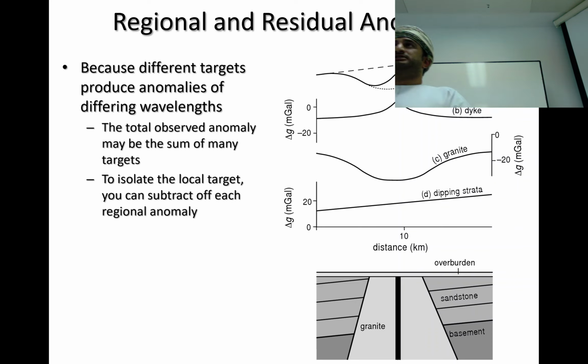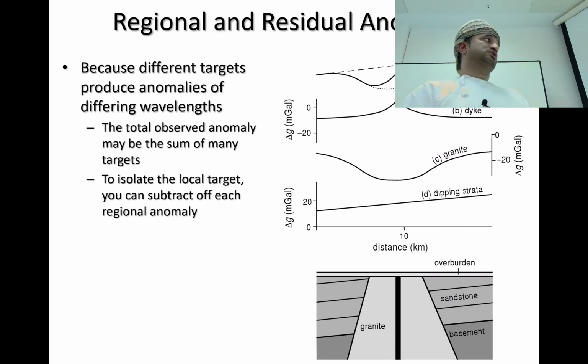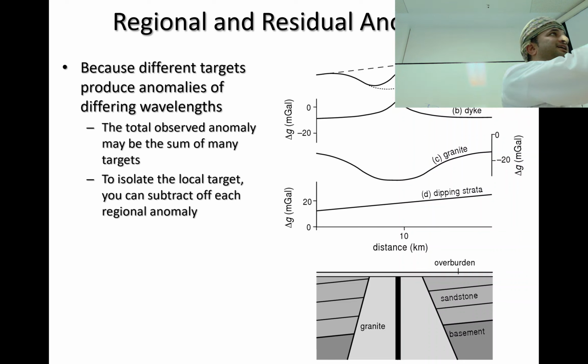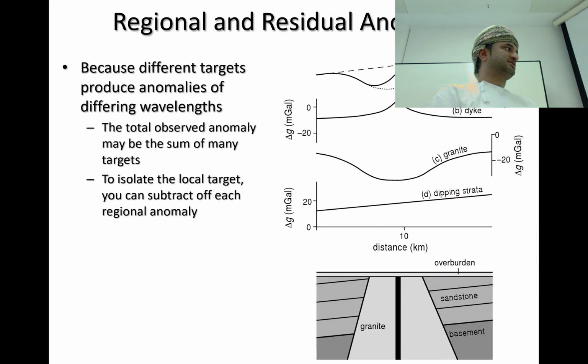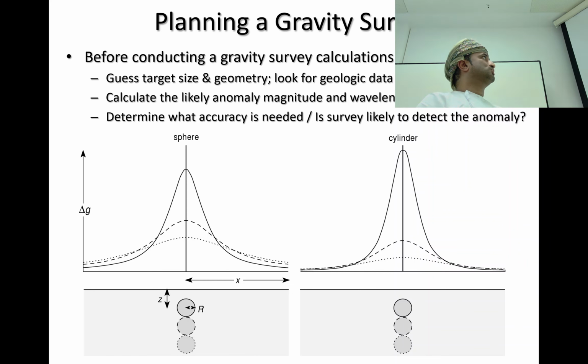So in Fourier analysis, you can do frequency filtering and remove high from low frequencies. Another type of filtering is moving average. Moving average can remove high frequencies. So if you are interested in granite, you probably do moving average filters. Anyway, this is how the residual to regional works.